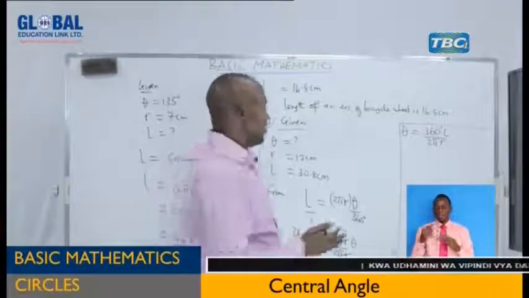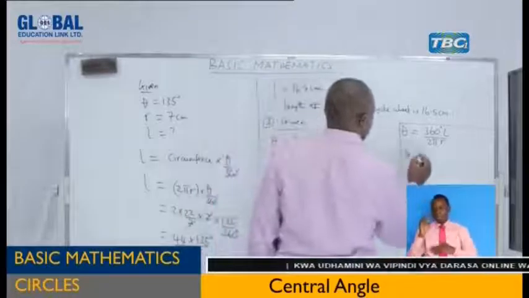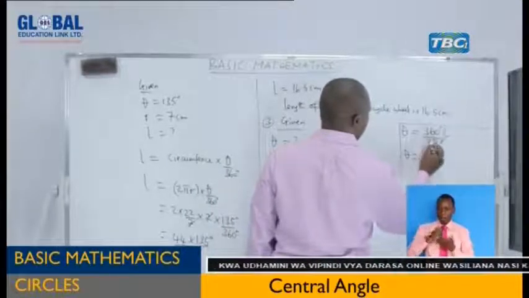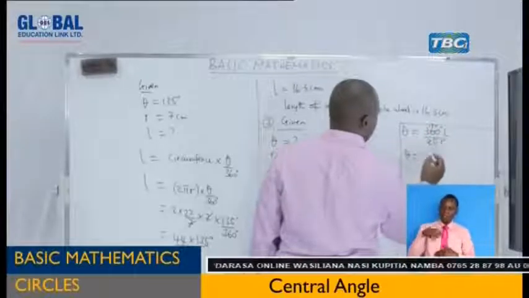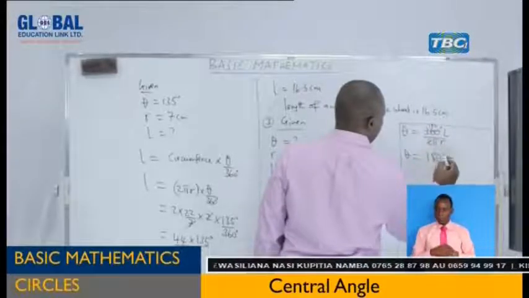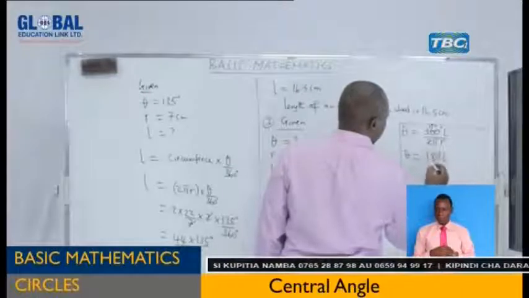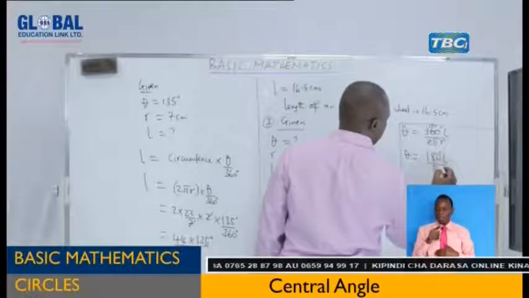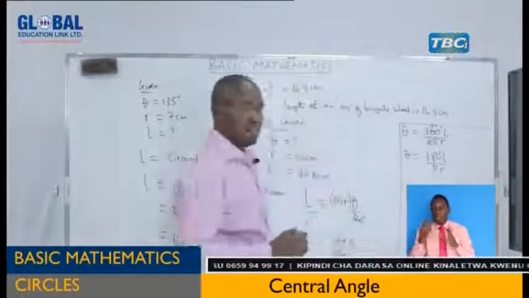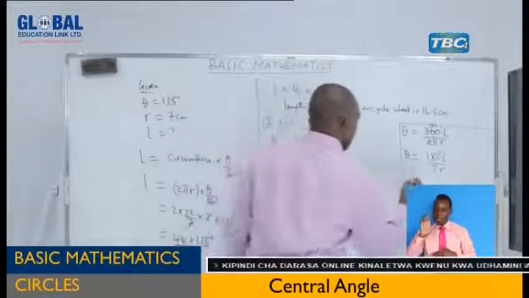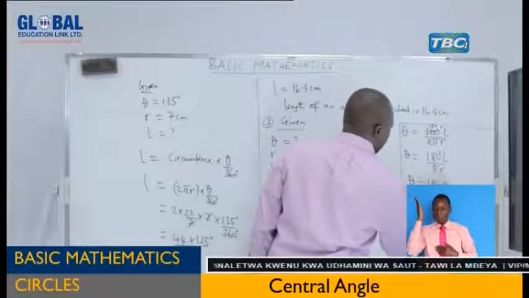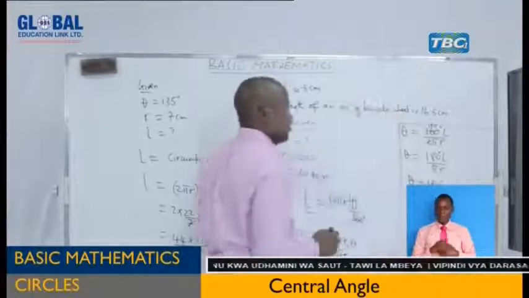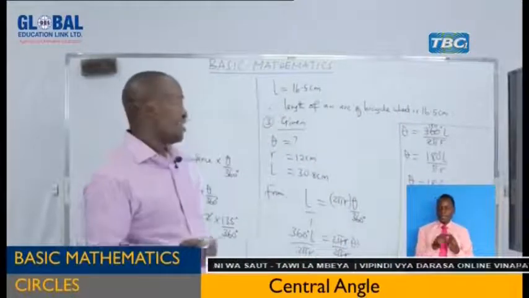Then you can simplify here: theta is equal to, by 2 is 1, by 2 is 180. So we have 180L over pi r.